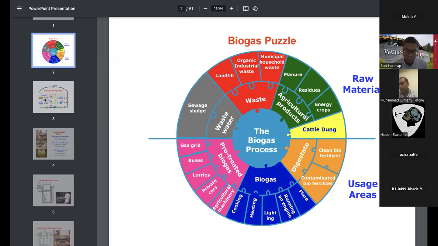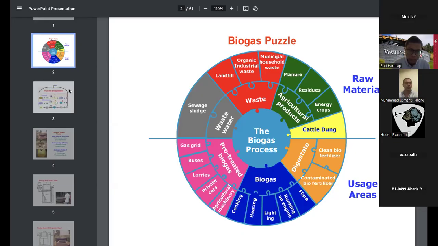Why have I used the word contaminated biofertilizer? Because if you are using sewage sludge as a feedstock in the biogas plant, there may be some contaminants, some chemicals from the industrial sludge, which produce a contaminated slurry or contaminated biofertilizer.